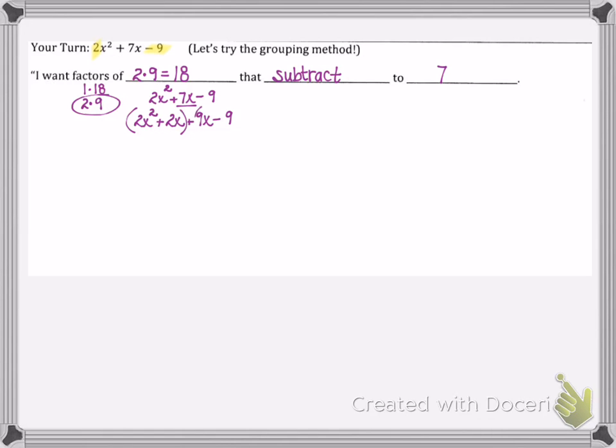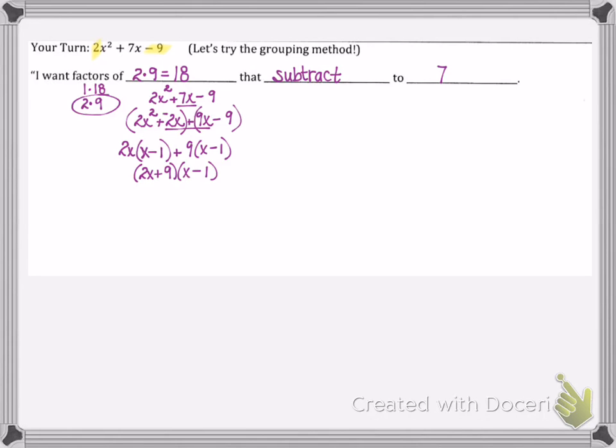And notice how I'm placing them intentionally so that I can pull out a GCF. If for some reason you had these two switched, the GCF and the parentheses that you pull out would not match. And so you would need to rewrite it with a different order. So pull out the GCF and see if you can factor this one to the finish line.